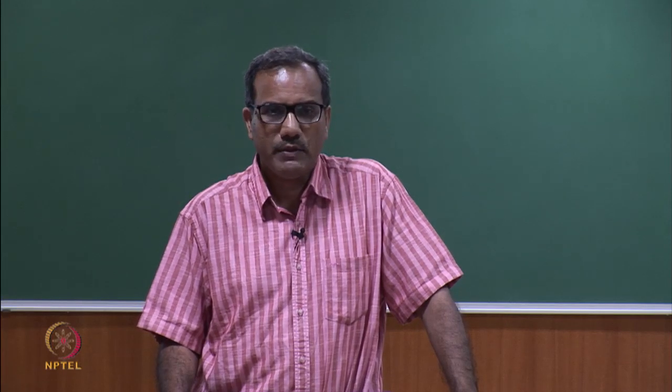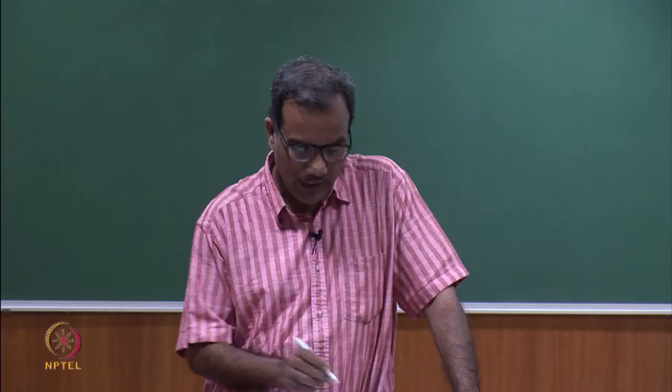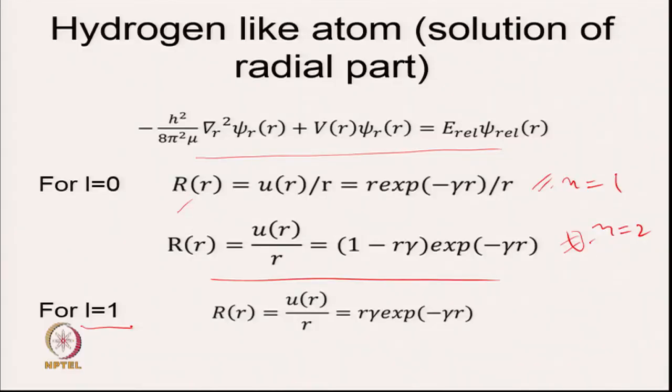Then I went ahead and showed you what will be the differential equation for L is equal to 1 and what will be the solution. I only discussed one of the solutions and that was given here, and we can get this radial wave function R by using this equation which we assumed before solving the Schrodinger equation.